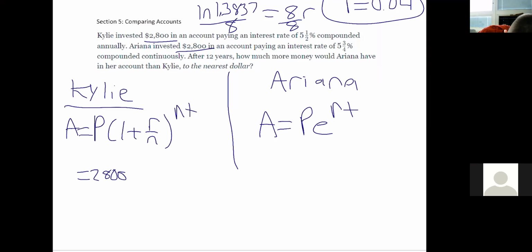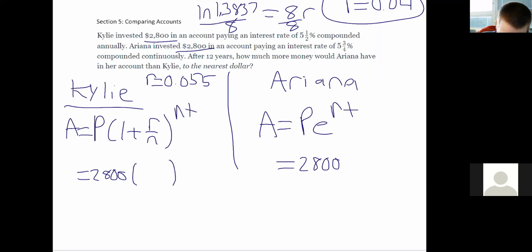So I'm going to start plugging in stuff. The principal is going to be 2,800 for both of them. Kylie has an interest rate of 5.5%. But remember, 5.5 divided by 100, in decimal form, would be 0.055.